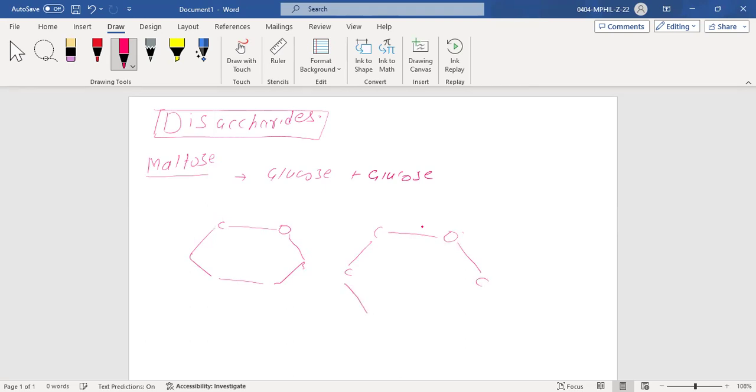For example, you have these two glucose molecules which are present there, as we discussed even yesterday.